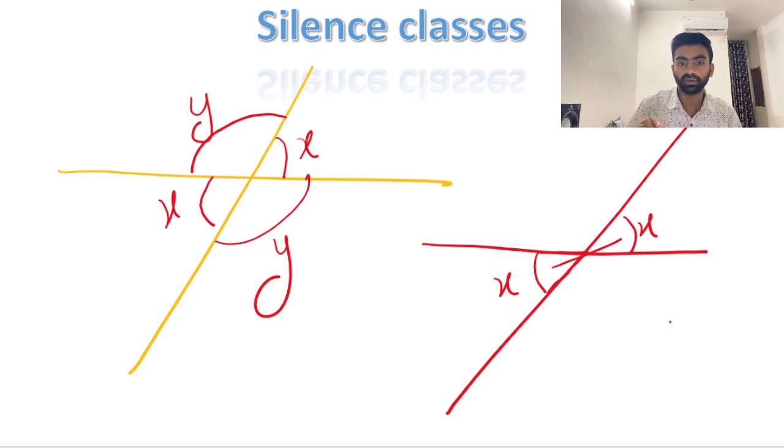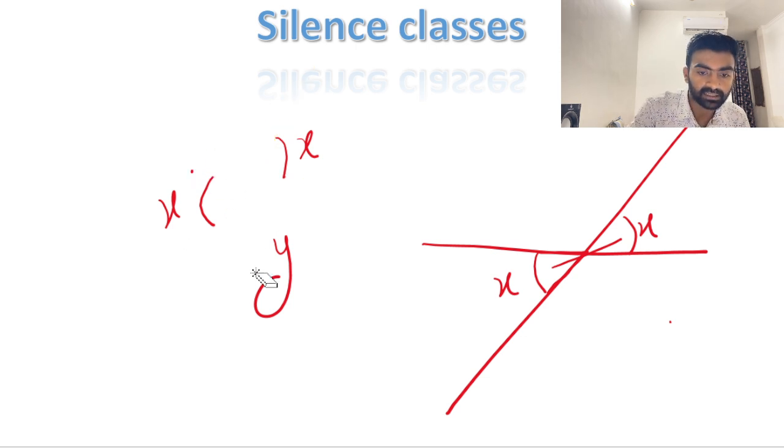Make a note of it. If you want, watch my video again, make a note of each and everything, and learn it, so you will not forget. If you forget anything, you will not be able to solve the question.